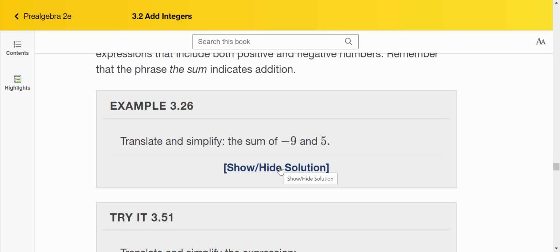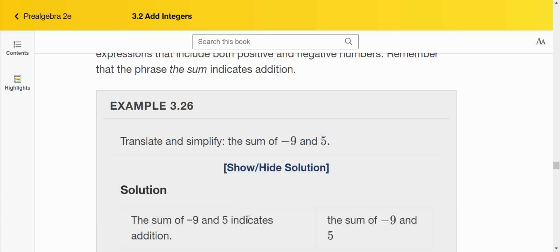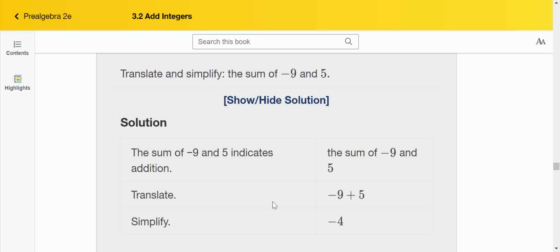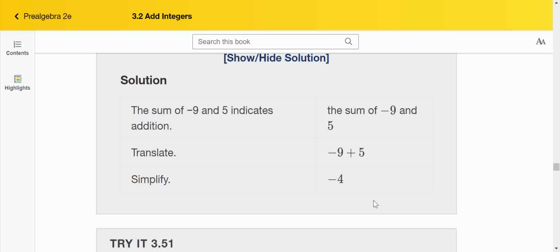Translate and simplify the sum of -9 and 5. Solution. The sum of -9 and 5 indicates addition. Translate. That's -9 plus 5. And when we simplify it, thinking back to the counters, or if you're applying some other model, you should get -4.